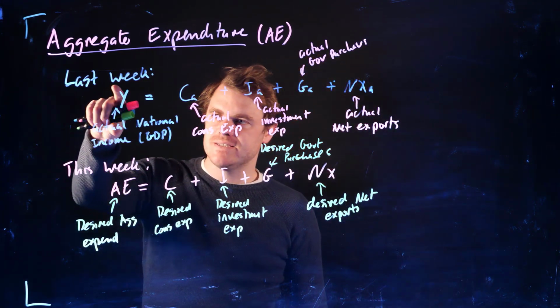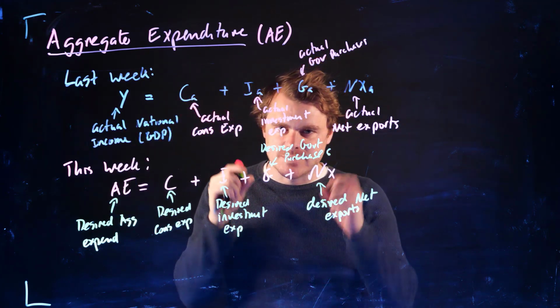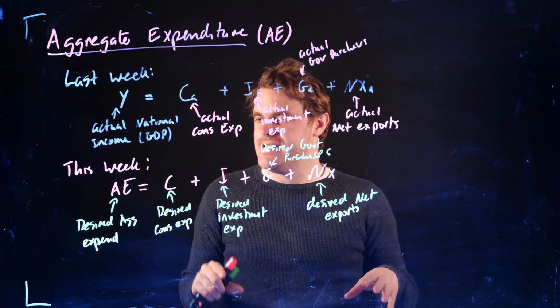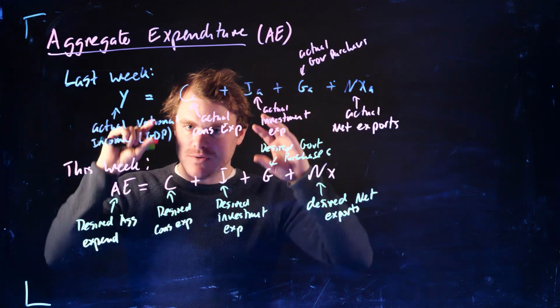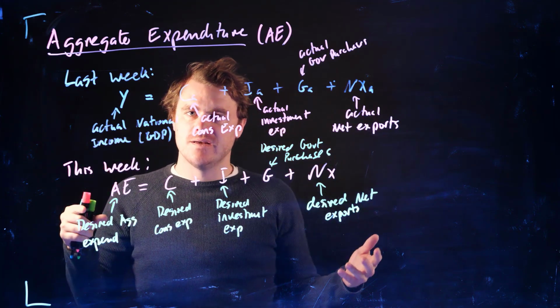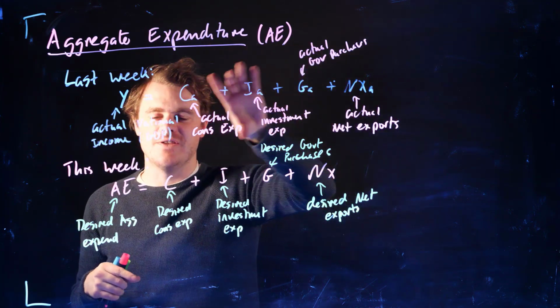So think of this top equation with the A's on these expenditure categories as being the actual amount we see. What we're doing this week is thinking theoretically about how these different ones get determined. We're going to concentrate on just the first two.